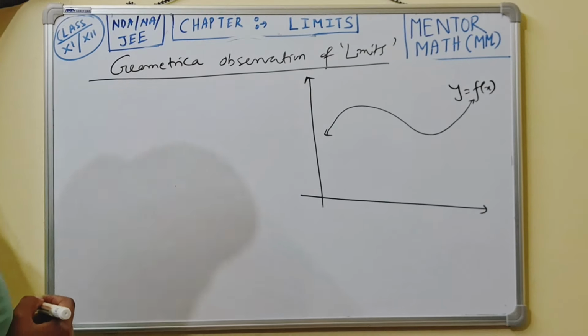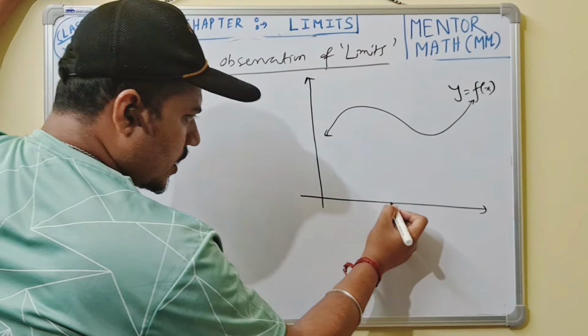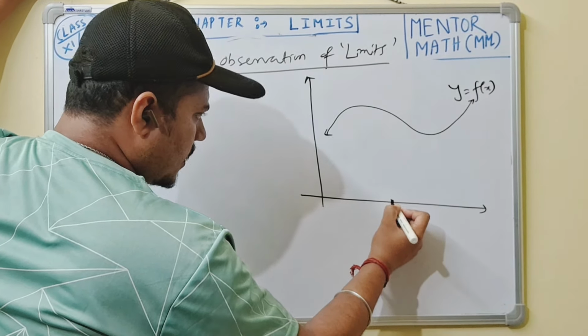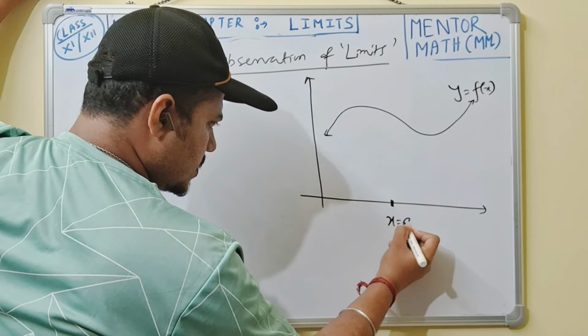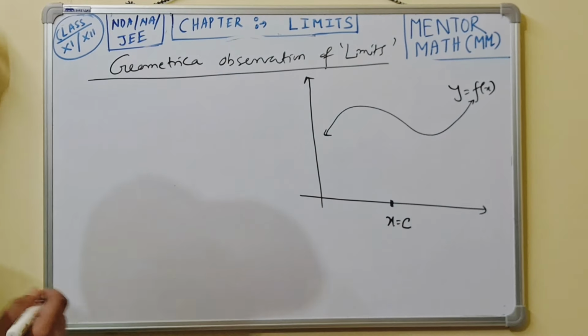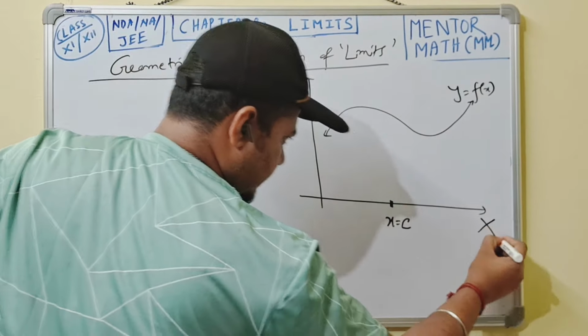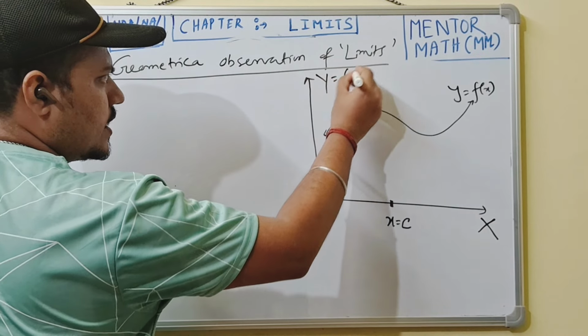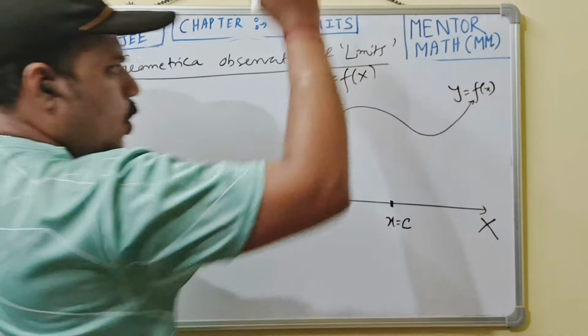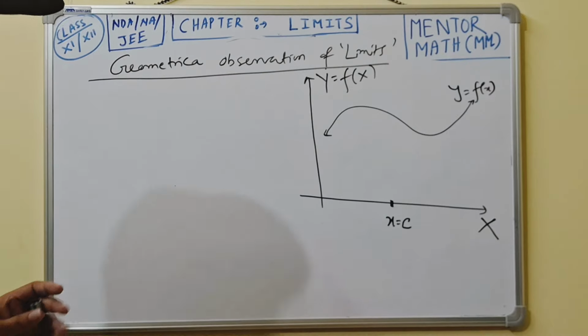And you take one point. Let us take x equal to c point here on your x-axis, and this is your y-axis, that is your f of x, and this curve is your y equal to f of x.